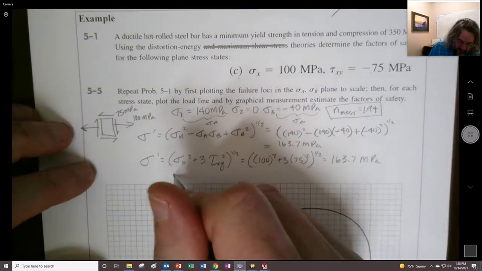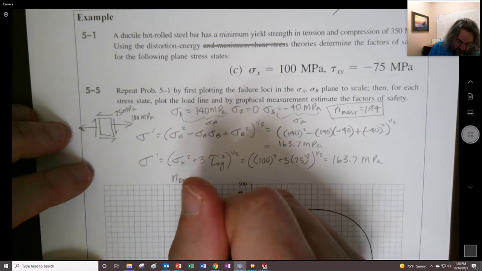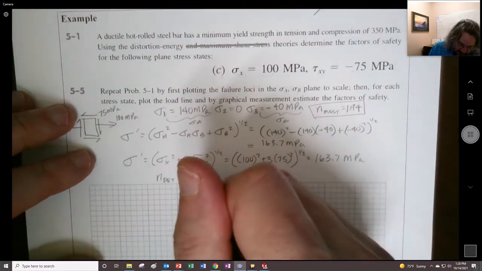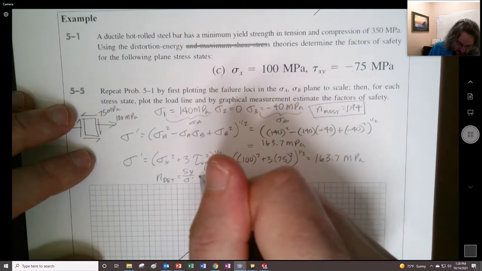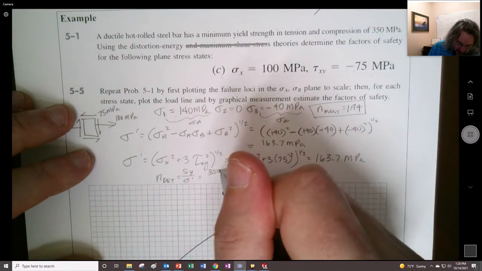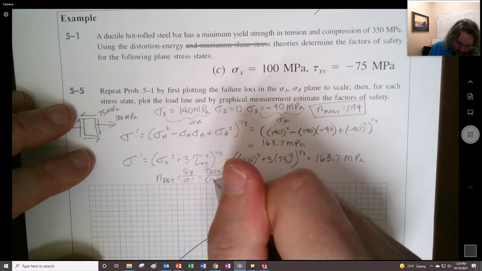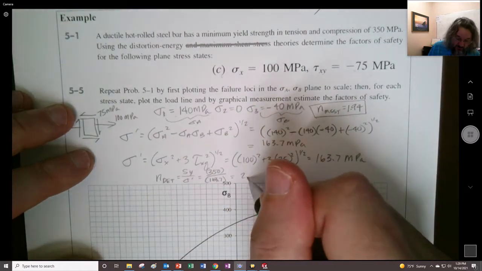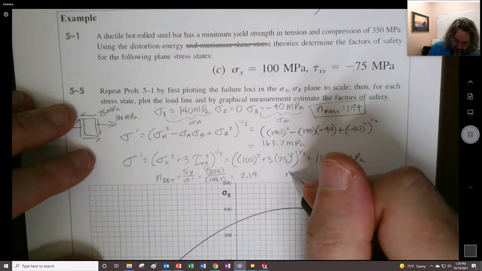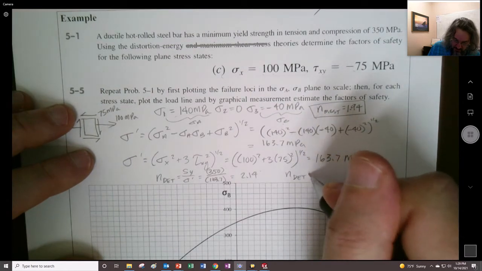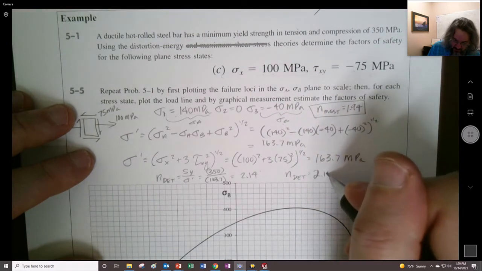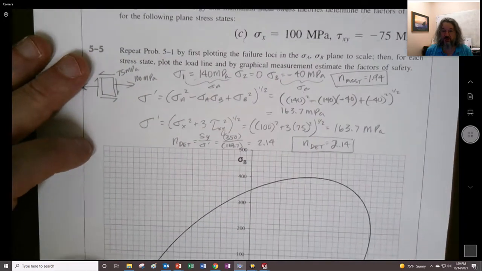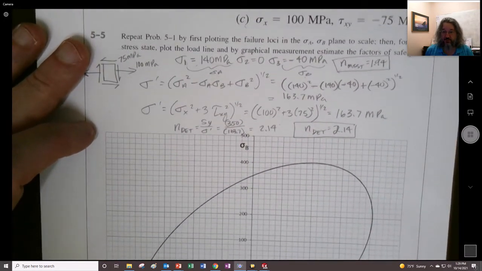And I didn't leave a lot of room for myself, but get the safety factor here. We were told that 350 is the yield strength. So we have 350 divided by 163.7, and I get that it's 2.14, right? So the answer is 2.14, keeping it down to only 2 decimal places for my safety factors as my preference.